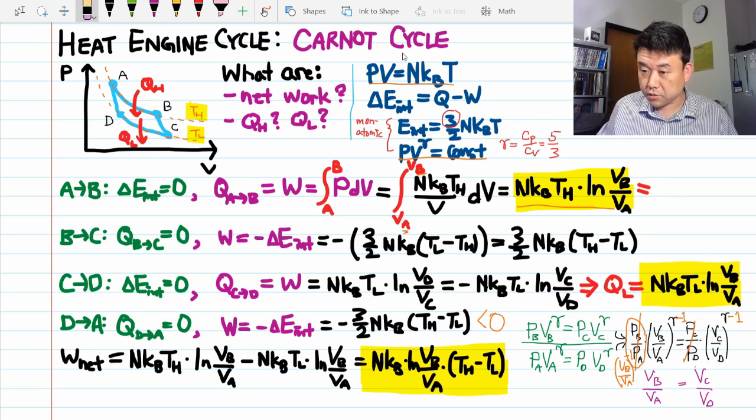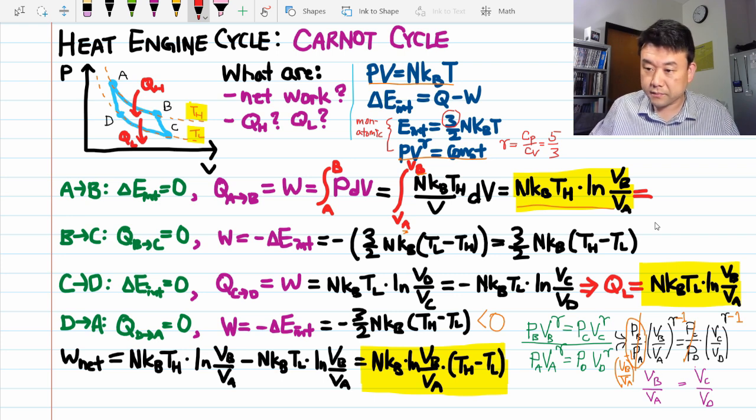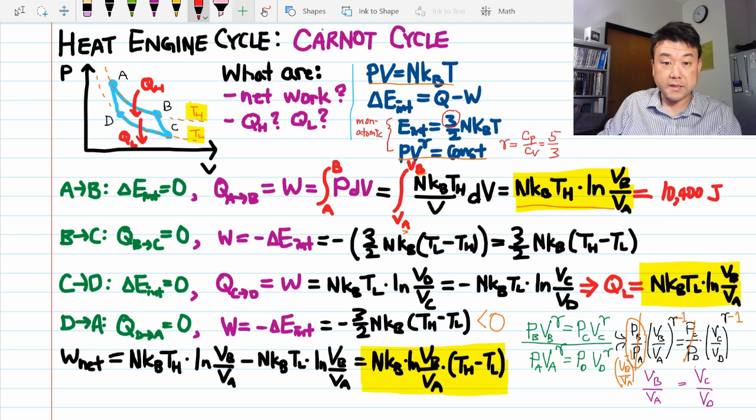Plugging these numbers into my calculator: NK, 3, times the high temperature, 1500 Kelvin, and the natural log of the ratio of the volumes, so that would be 10. This is what I see: 10,361.6 joules, or rounding it, 10,400 joules.